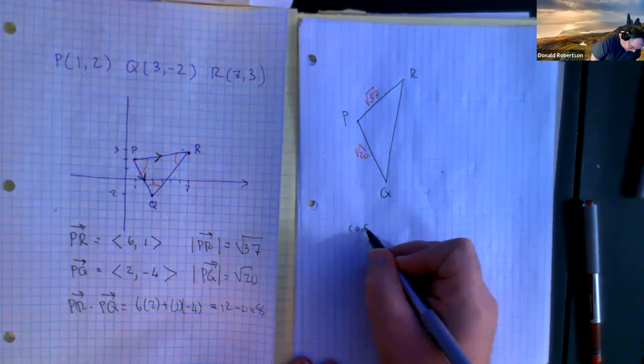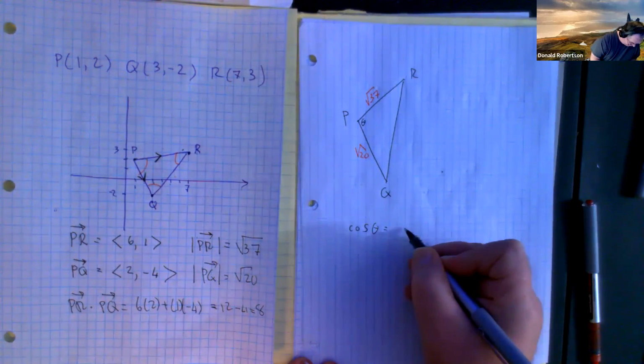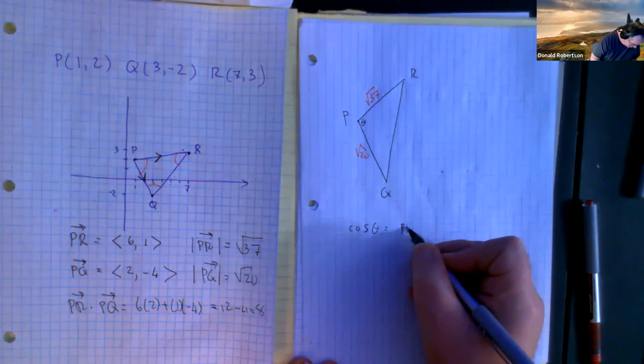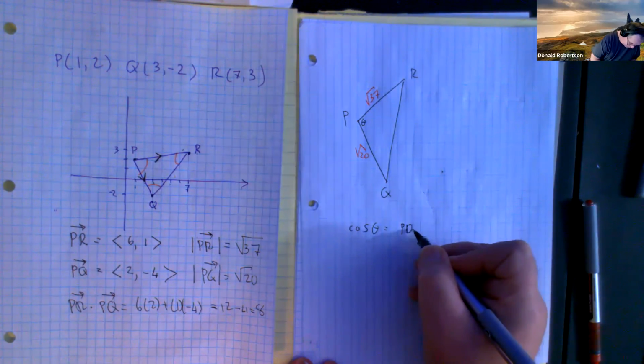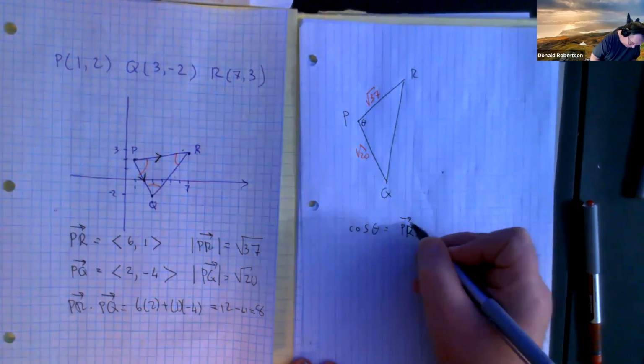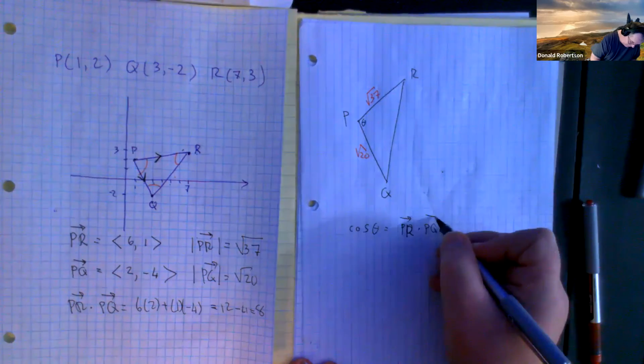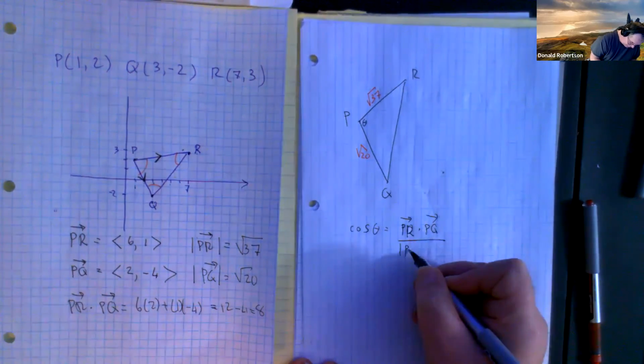So the cosine of theta is the dot product divided by the magnitudes.